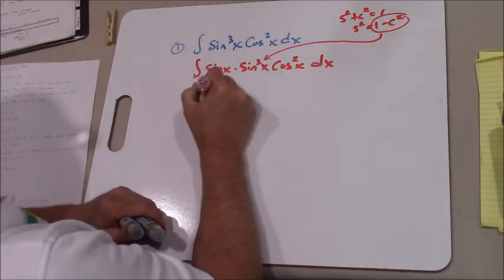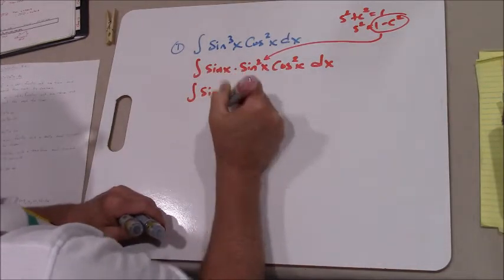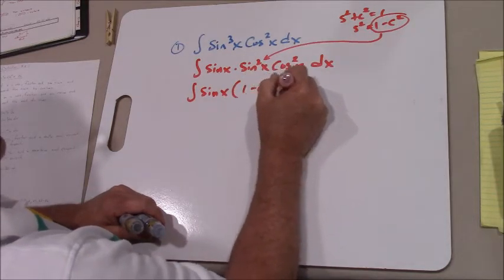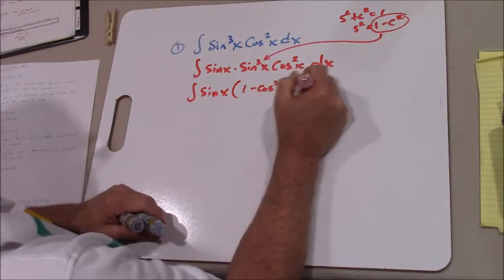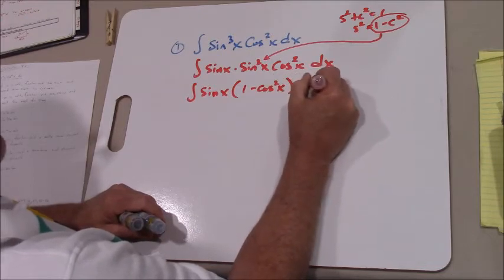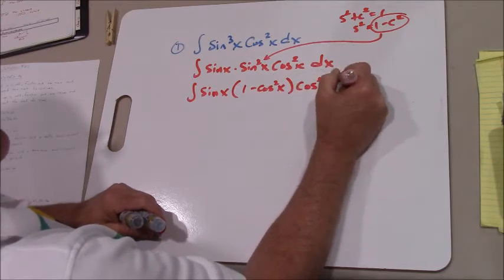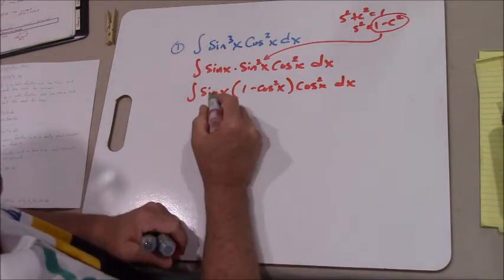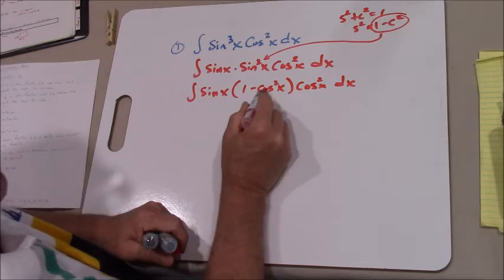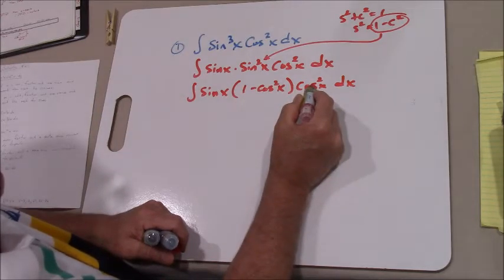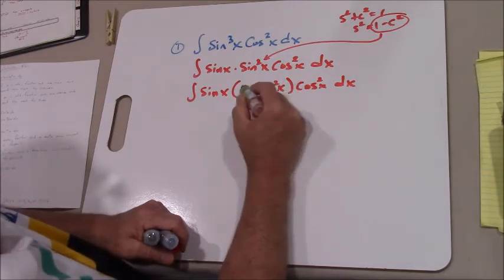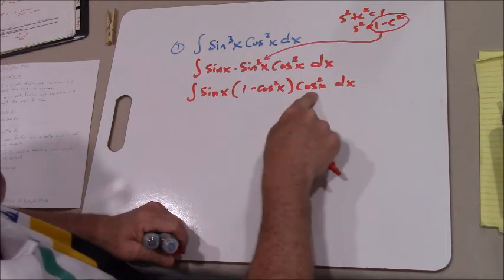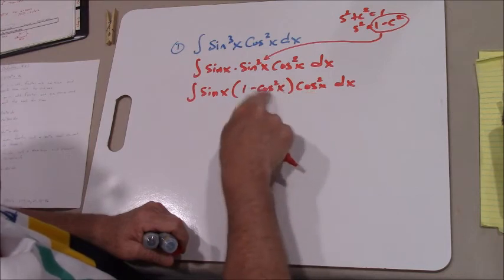So now what I have is sine of x times 1 minus cosine squared of x times another cosine squared of x dx. And so now I'm going to distribute this sine to both of these, and I'm also going to distribute this cosine squared to both of those. So what I'm really going to do is say sine cosine squared times each of these.